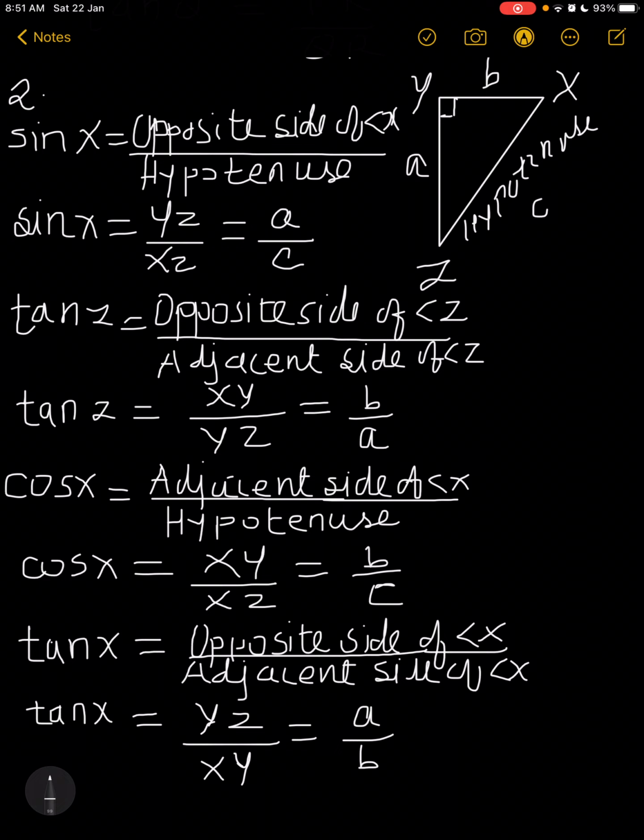So second answer, try to complete it fast everyone. Here we have got 4 ratios: sin x, a upon c; tan z, b upon a; cos x, b upon c; tan x, a upon b. First 2 answers are done.